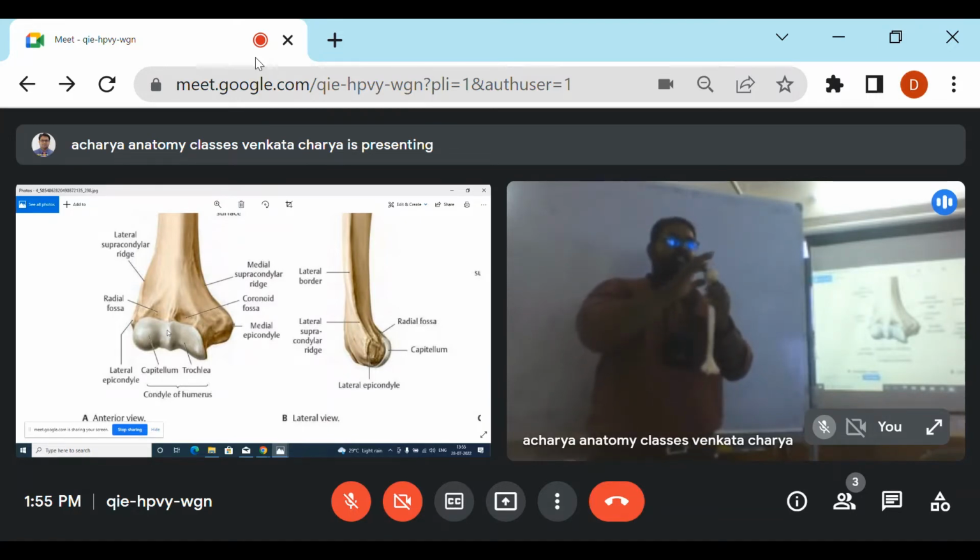Now we discuss the head. The head is spiral in shape, directed superior-medially, and articulates with the glenoid cavity, forming a joint.